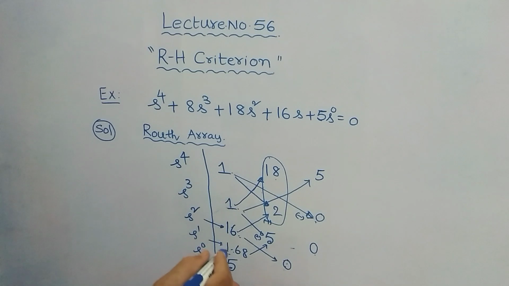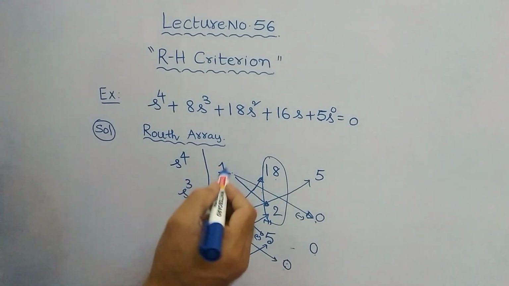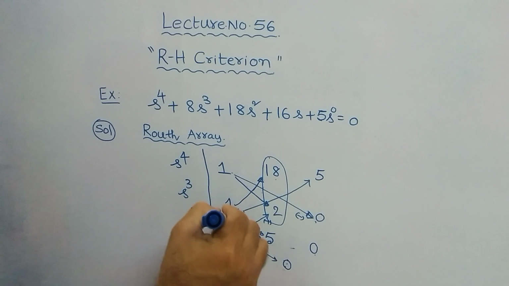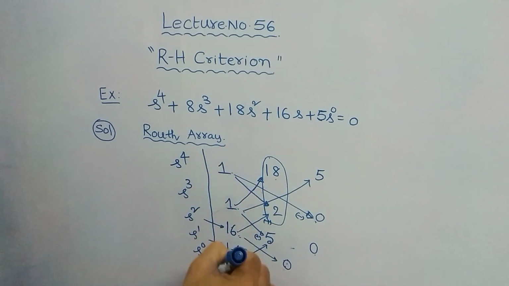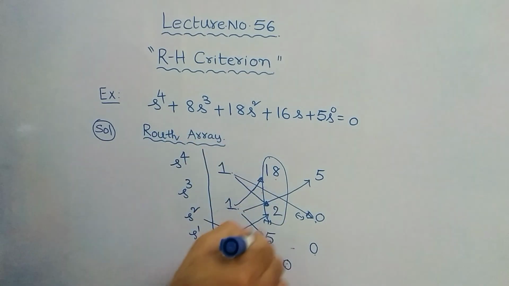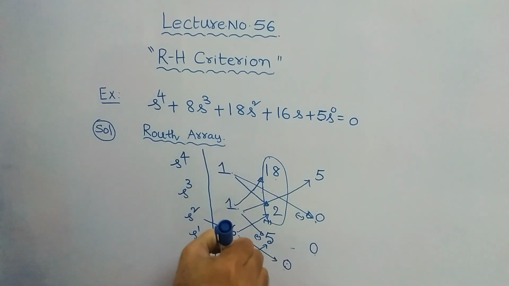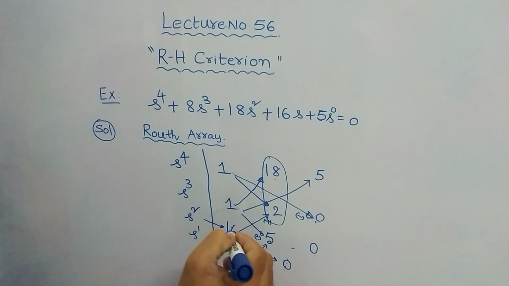That is one important condition to obtain the stability of the given characteristic equation. So the first column elements are 1, 1, 16, 1.68, and 5.